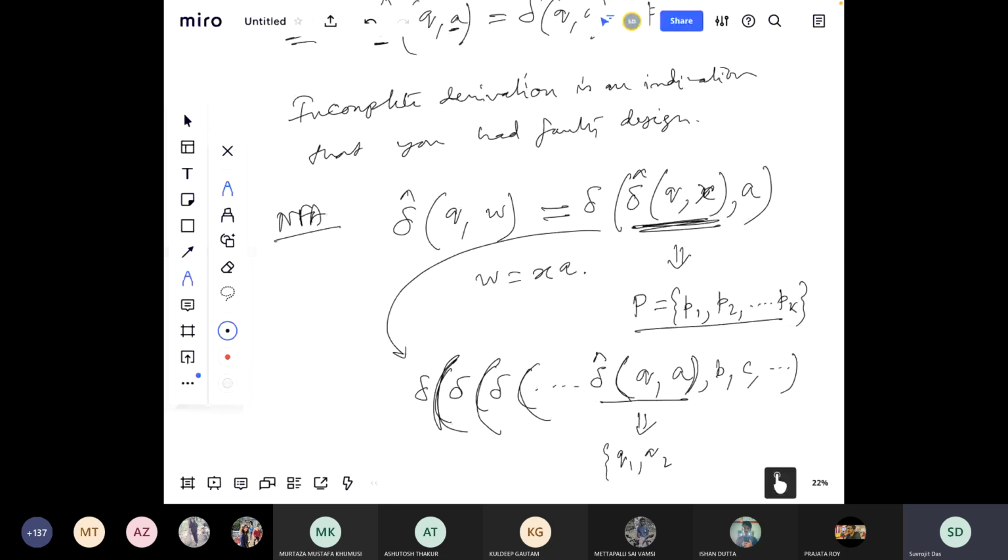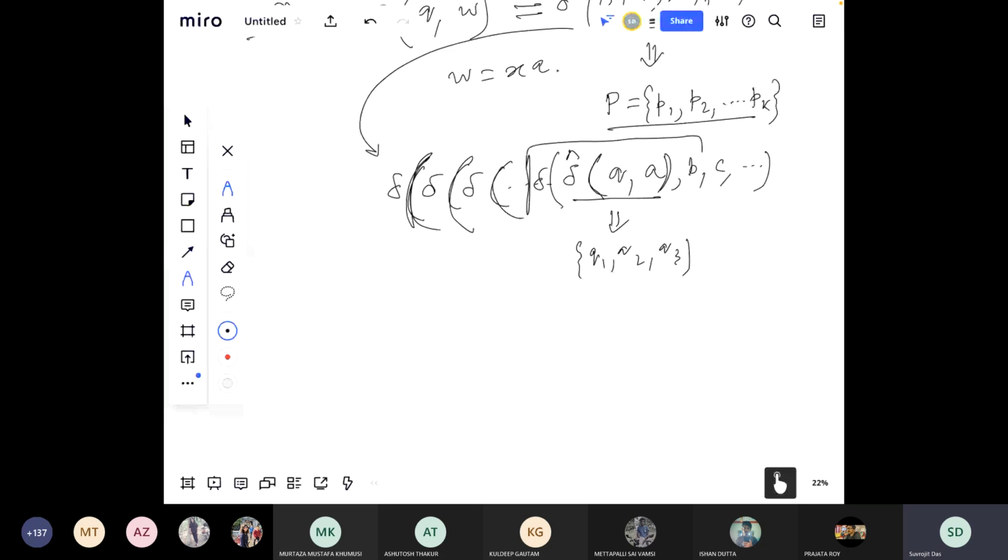Now in case of NFA, what you do, there is a del after this, right? So let us concentrate on this portion. So what turns out is del of q1, q2, q3, comma b. Let us concentrate on this part.